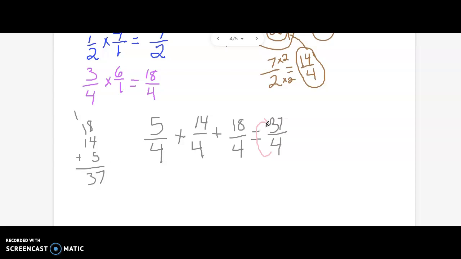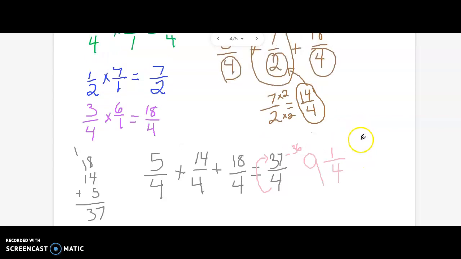Let me think my 4s. 4 times 5 is 20, 4 times 6 is 24, 4 times 7, 28, 4 times 8 is 32, 4 times 9 is 36. Oh, 36. Okay, so 9 times, and I'm going to take away that 36 because I'm using it in the whole number 9. 37 minus 36 leaves me with 1, and my denominator stays 4.